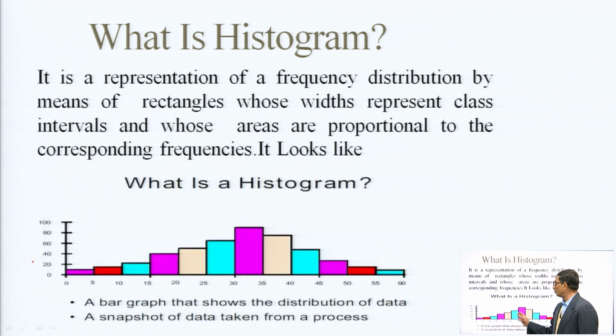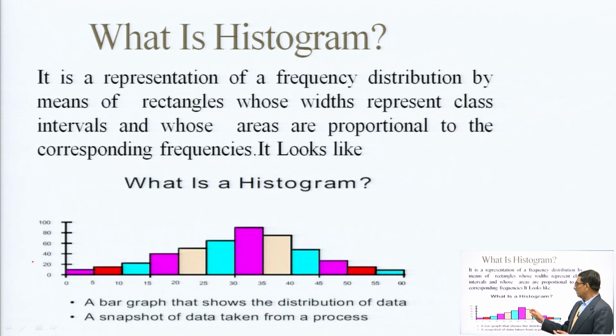In a histogram the rectangles are continuously adjacent to each other, and we take the frequency on the y axis and the class interval of the variable on the x axis.